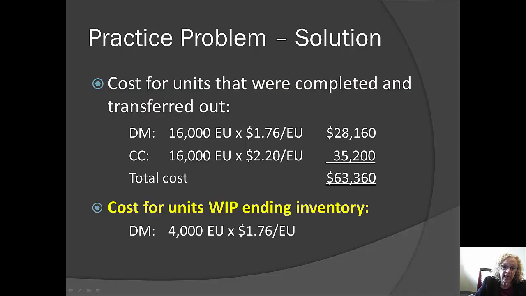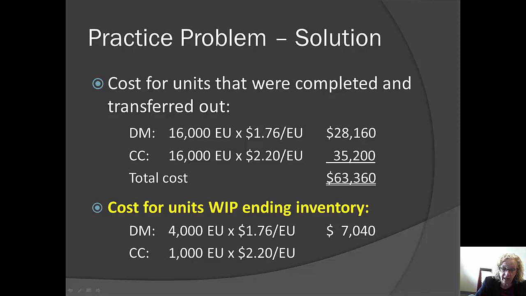What about the costs in ending work in process? We know there were 4,000 physical units. They were 100% complete for materials, so they represent 4,000 equivalent units for materials times the cost per equivalent unit for materials gives us the dollar value of the materials in those units. We can also take the number of equivalent units for conversion.